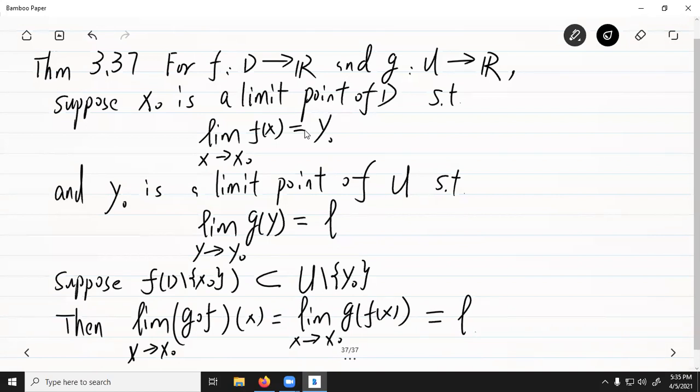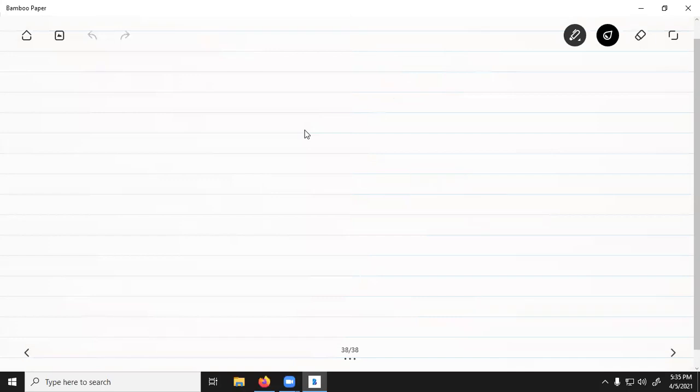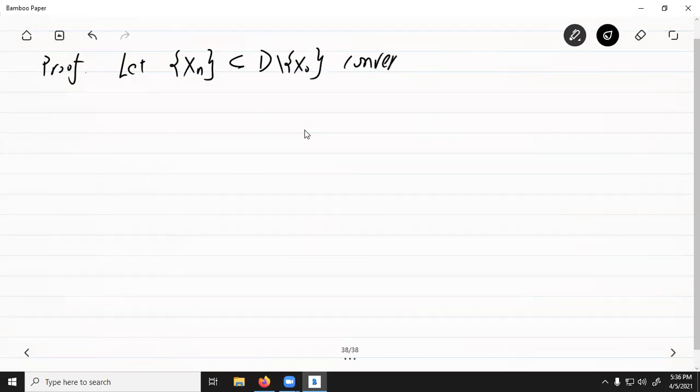Of course, there are a lot of requirements. Okay. So now we want to prove this theorem. We start from x0. So we have a sequence xn, which is in D but not equal to x0, converging to x0.